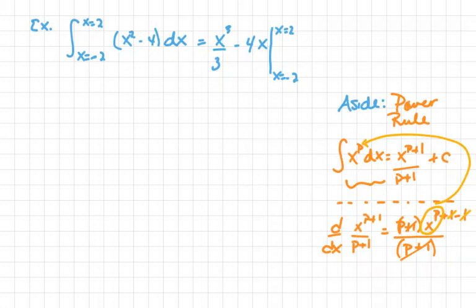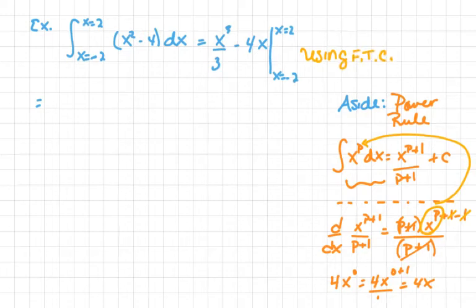And notice that with just the constant 4, you can understand that 4 really has an x to the 0 attached to it, because x to the 0 is simply 1. Anything to the 0 power is 1. So if you were to add 1 to it and divide by 1, you get that 4x, which is why the constant is resolved as negative 4x. Now let's go ahead and evaluate that. Using the fundamental theorem of calculus, we're going to use the FTC here.